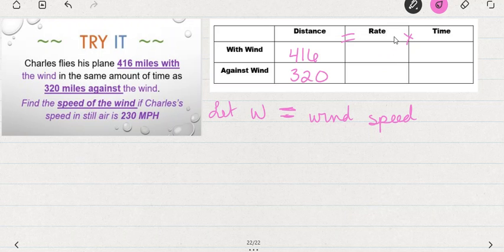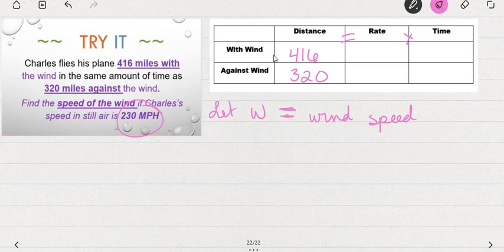Now his rate, here's what the problem doesn't tell us, what we have to gather from the problem. We know that the speed of Charles' aircraft in still air is 230 miles an hour.